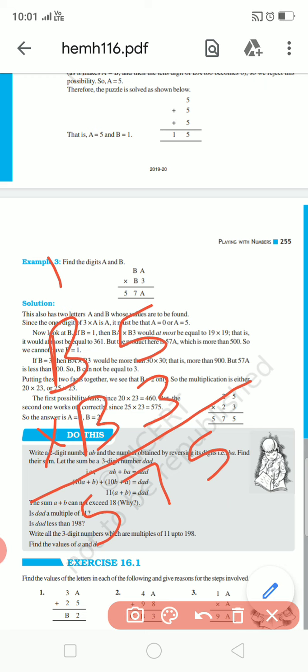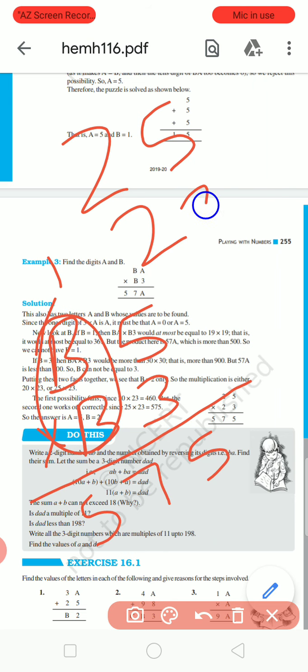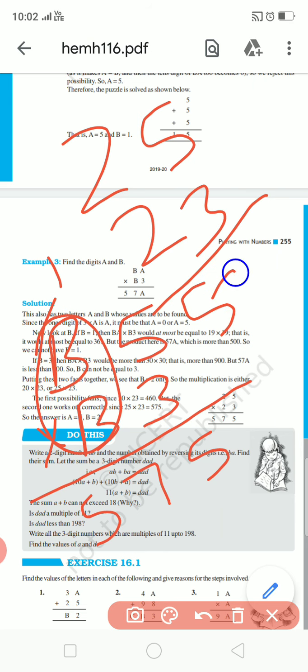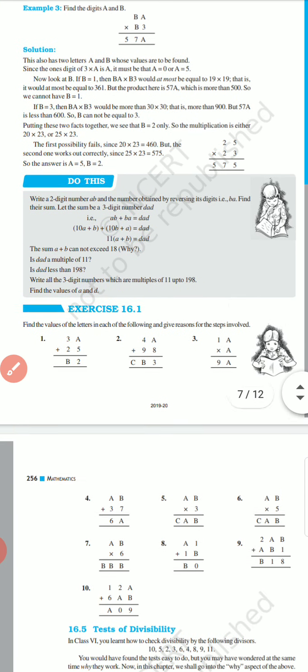So let me check. 25 multiplied by 23 is 575. So instead of these two B's you can write 2. We know that 25 multiplied by 23 is 575, right? So instead of B we will write 2.